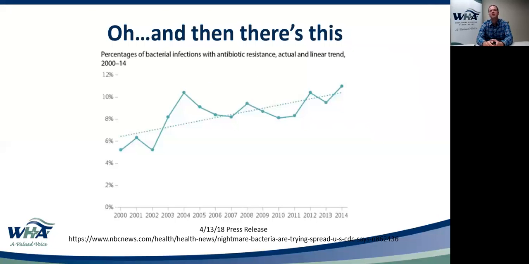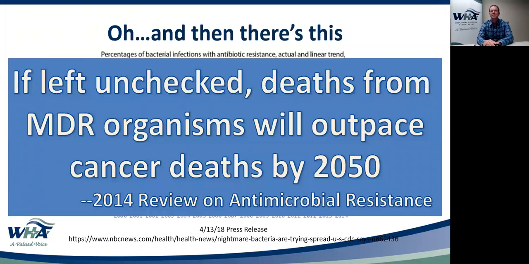And so we'll be touching on both of those topics today. And then there's this. The World Health Organization gives us a pretty stark reminder of why we're here at this webinar today. If left unchecked, the deaths from multi-drug resistant organisms is on course right now to outpace cancer deaths by 2050. And so we could be dealing with a really true pandemic here if we don't curb antibacterial resistance.